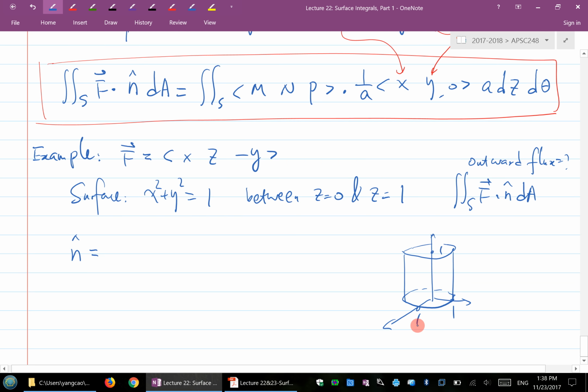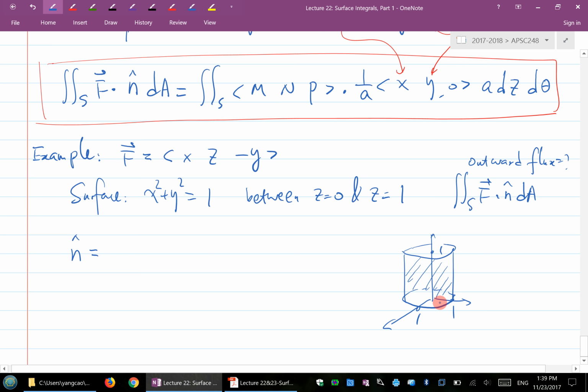Actually, I should probably come back to Antonia's question here. You mentioned a closed surface, right? But in this question, this is not a closed surface. We're only talking about flux out of the side of this cylindrical surface, right?